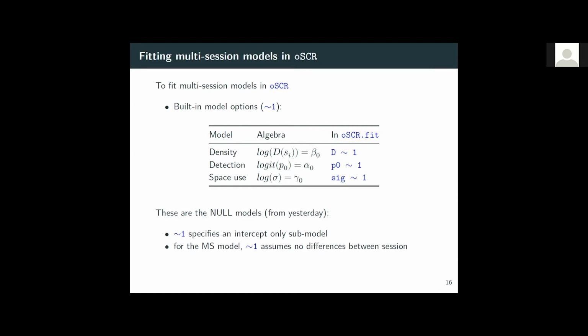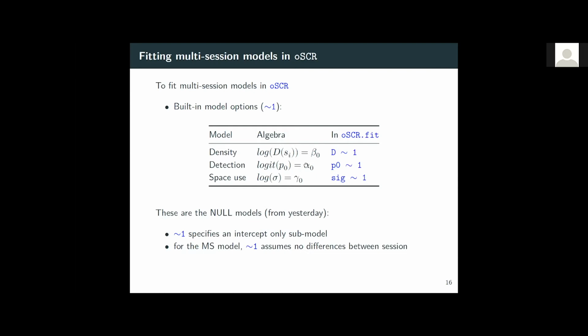So here's an example of that. These are the models, this null model that I spoke about yesterday. Essentially, we're going to define each SCR sub-model. So for the model for density, we're going to use ~1, which is essentially an intercept-only density model, a log linear model with an intercept only. And then we have this logistic regression, which is specified by ~1. So we're estimating an intercept only.